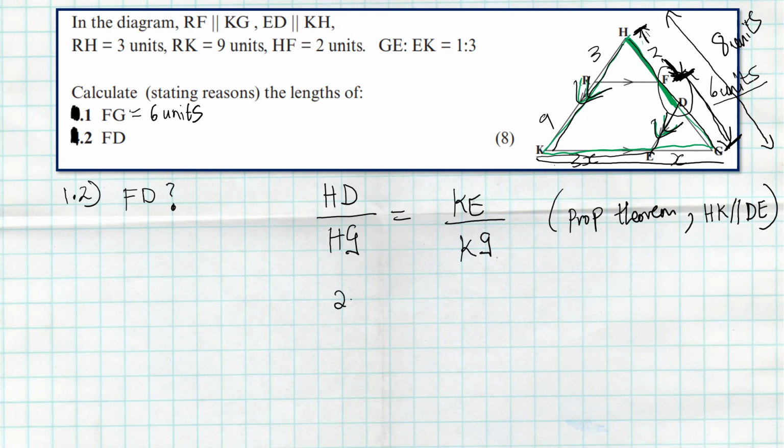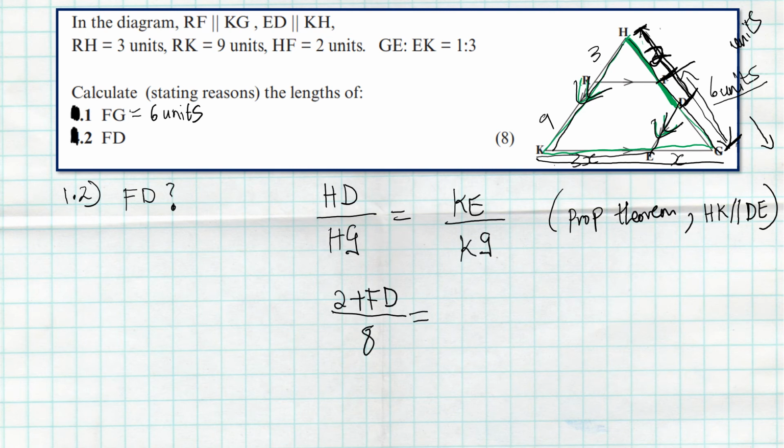It is 2 plus FD. Can you see HD? It's a bit of a mess here, but if you check properly, HD is this 2 here plus FD, over HG, the whole length. It's 2 plus 6, which is 8 units.